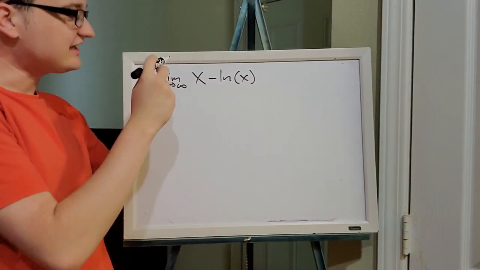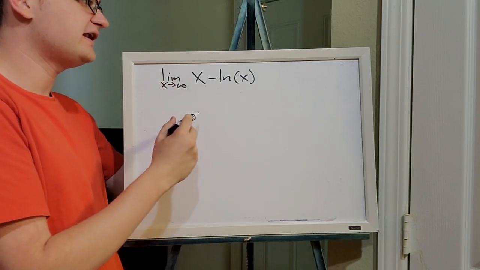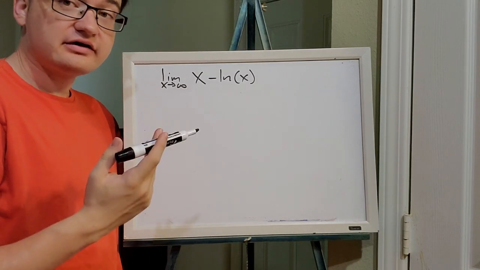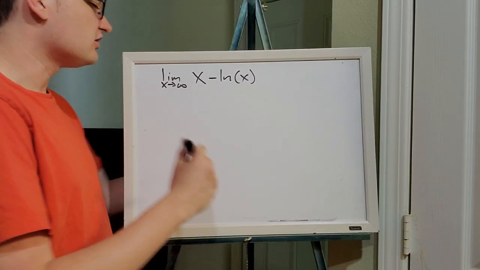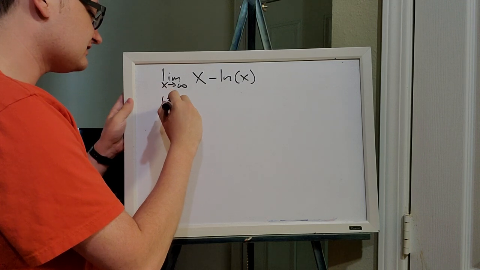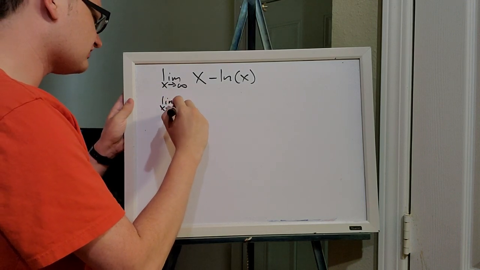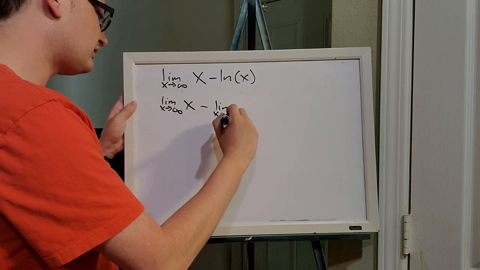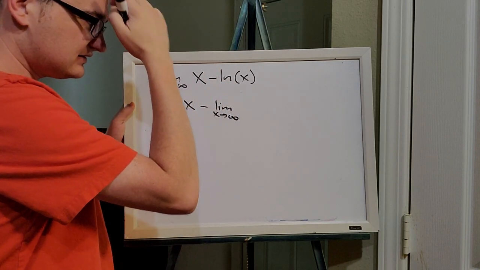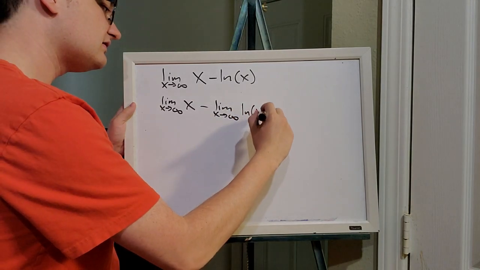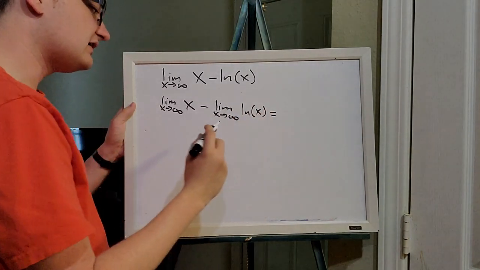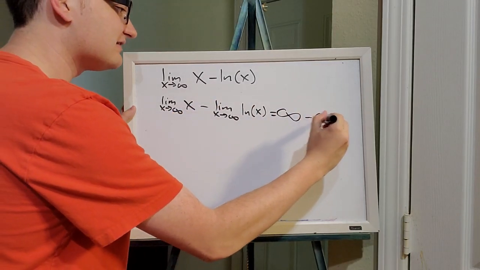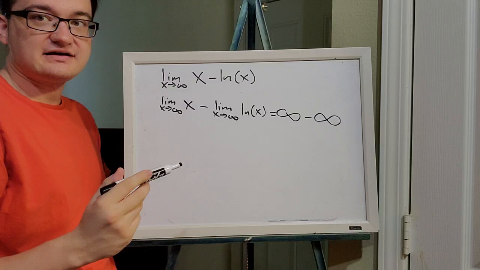Here's a problem. We're taking the limit as x goes to infinity of x minus the natural log of x. Okay, so what's the big deal? If we break up this limit across that subtraction sign, then what we end up seeing is infinity minus infinity.